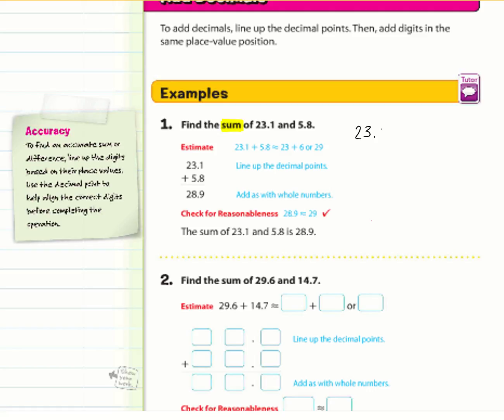We have 23 and 1/10, and I'm going to line up my decimals and line up my place values. And we have 5 and 8/10. My 1 and my 8 are both in the tenths place. So 1 plus 8 equals 9. 3 plus 5 equals 8. 2 plus nothing equals 2. So our final answer is 28 and 9/10.